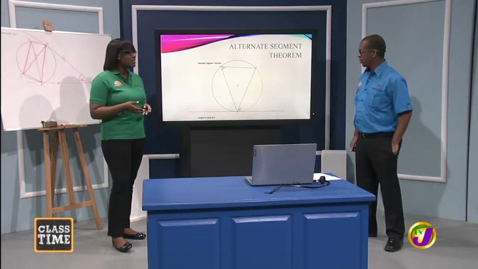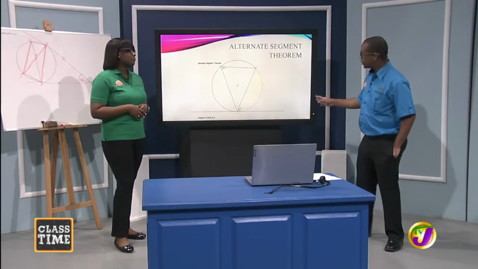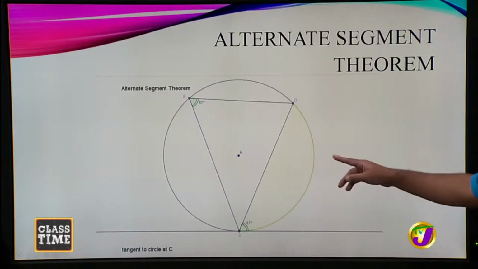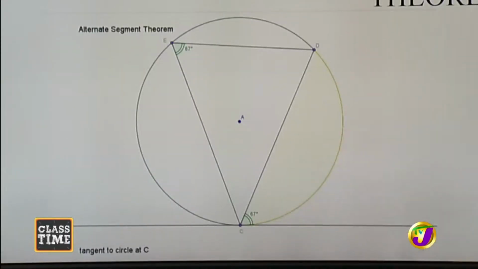Is there something else I should have seen? No, that is it in terms of the alternate segment. Once an angle is formed between the tangent and a chord, the angle in the alternate segment has the same value. So that's an interesting and important thing to note.